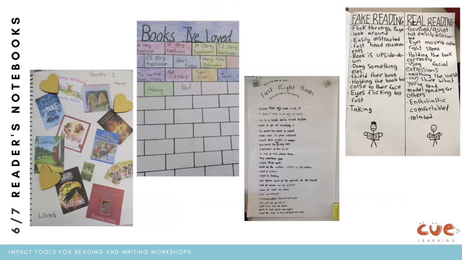This is a year 6-7 reader's notebook, and some of the things that they have put into notebooks. We've got something quite decorative here on the left, books I have loved. So that's one student's representation of that with coloured copies of those book covers. Here, the second one along, books I've loved.